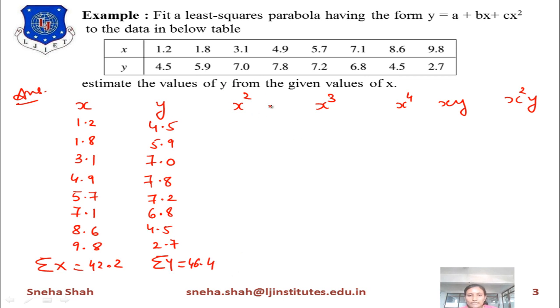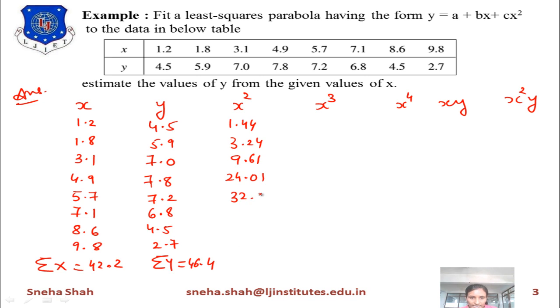Similarly, you have to find out x square, means 1.2 square, it will give you the answer 1.44, 1.8 square means 3.24, 3.1 square means 9.61, 4.9 square means 24.01. Likewise, I will find all the values.